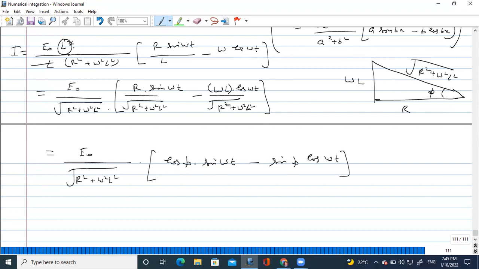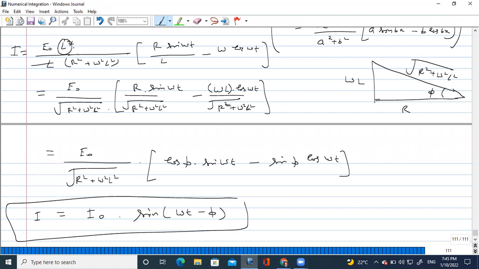So you can write it like this: sin A cos B minus cos A sin B. So that formula will become, and this E0 by this much is a constant. Because this is the impedance and this is the total voltage, voltage by resistance will give you current only, and that value is maximum, that is known as I naught. So I equals I naught into sin omega t minus phi. So this is the final answer.